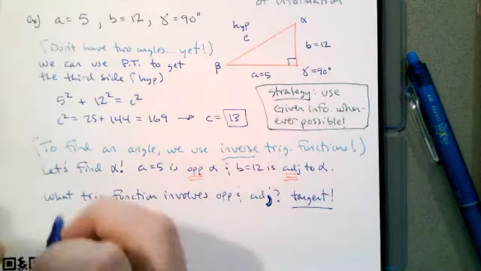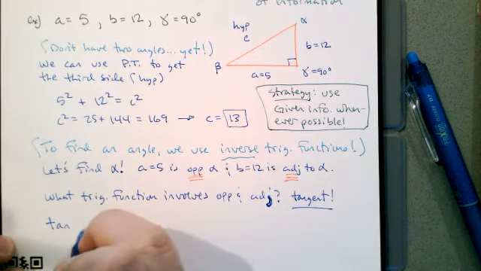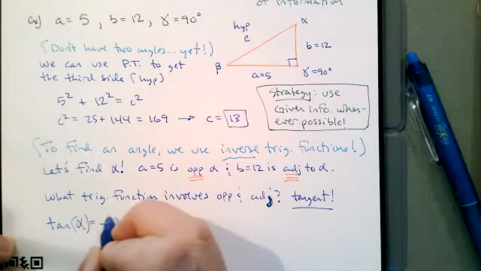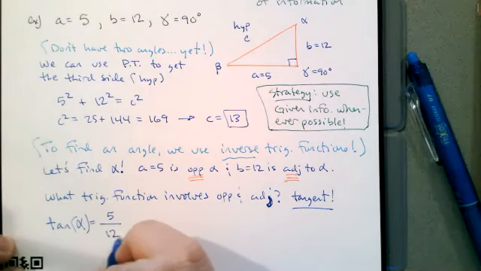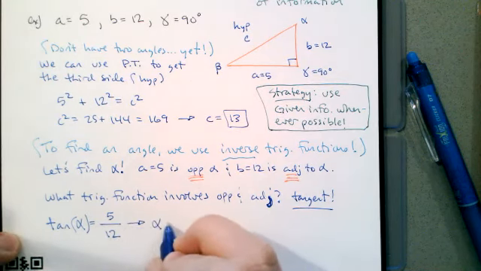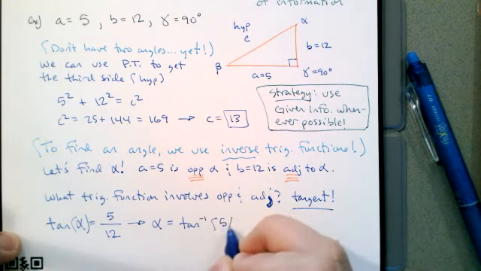And then we'll just set up the ratio. Tangent of alpha is opposite over adjacent. Here's where the inverse trig function comes in. Alpha will be the inverse tangent of 5 over 12.